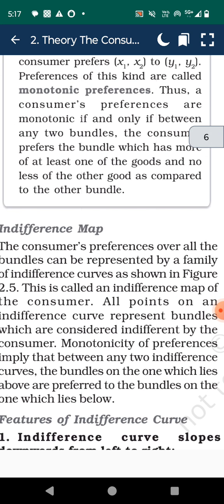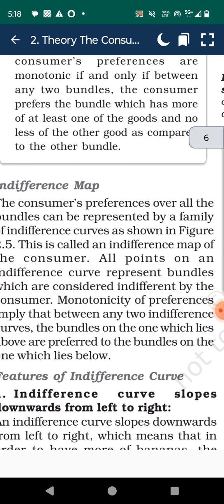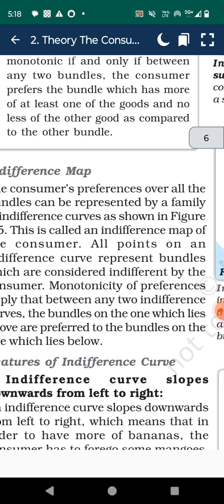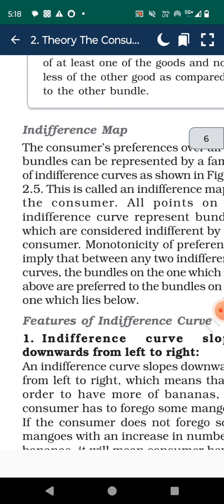Preferences of this kind are called monotonic preferences. Thus, consumer preferences are monotonic if and only if between any two bundles the consumer prefers the bundle which has more of at least one of the goods and no less of the other as compared to the other bundle.